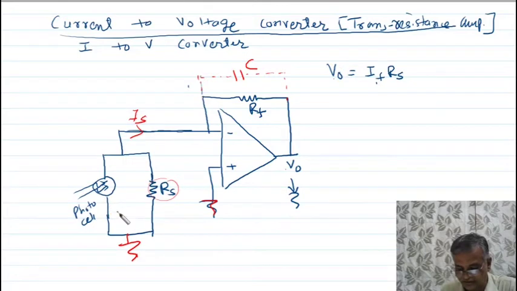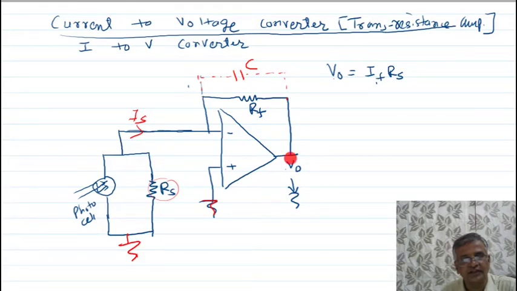So in this circuit diagram, this is your photocell that converts the intensity of light into current. This current will flow through RF, and since the input resistance is very high, the same current will flow in RF.